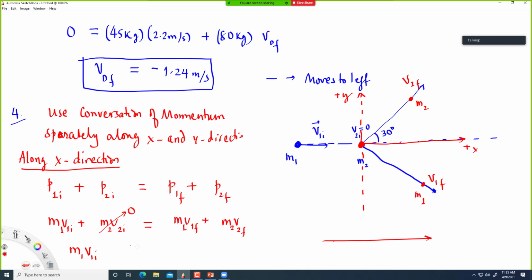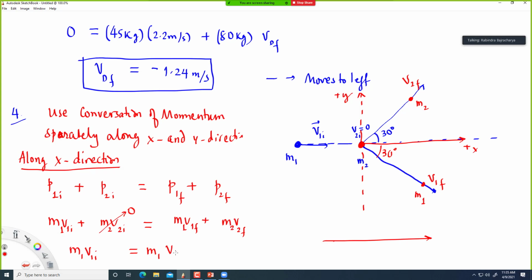So that's 0. m1. Now for x direction, what is the velocity of v1 final? v1 final is moving this way, but we only care about the x direction. That means what's the x component of this one? This is given. So what's the x component of this one? We want to write the x component.